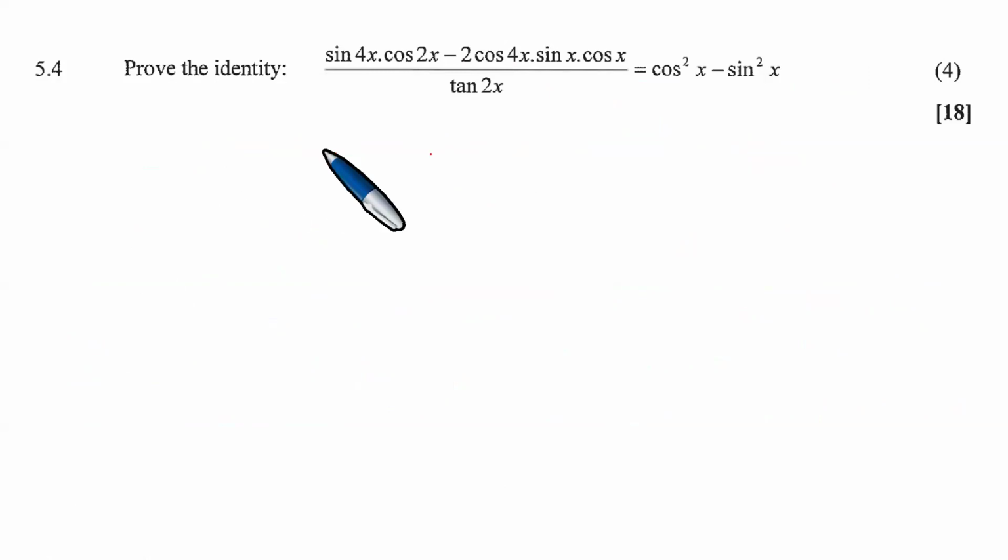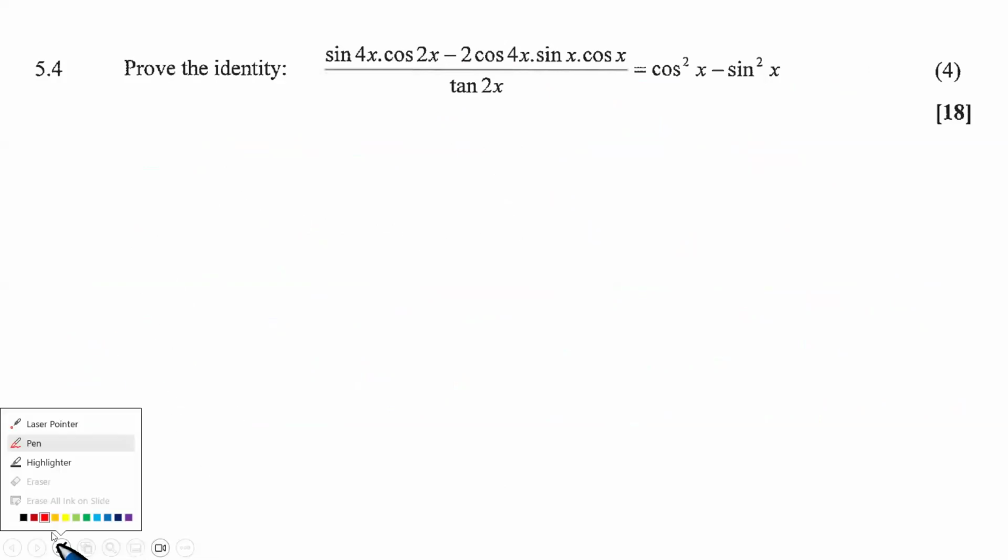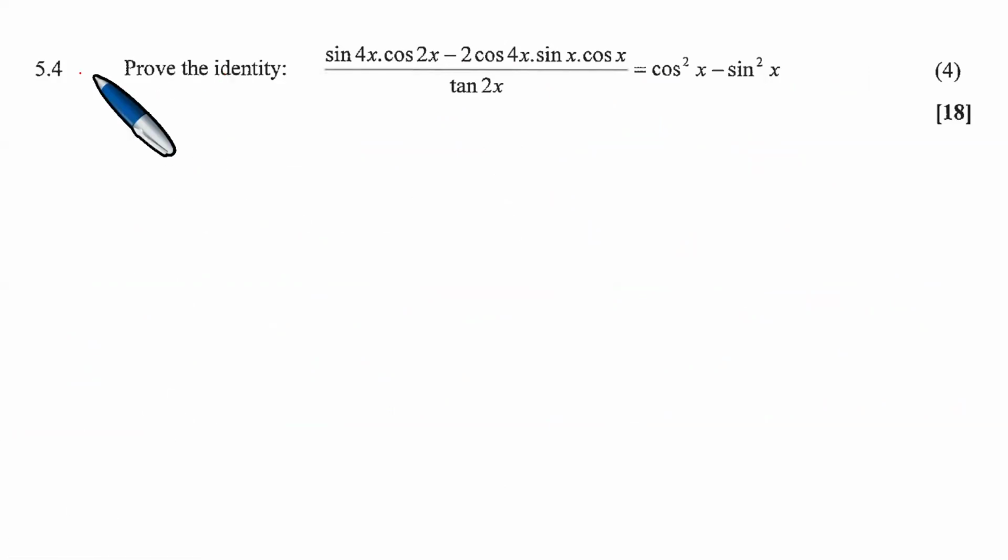Right, we need to prove this particular identity. To prove this, there are a couple of things that we need to take into account, and we need to proceed to prove this with so much ease. Let us prove this one with Noel. What do we do here now? Okay, we need to prove the identity.